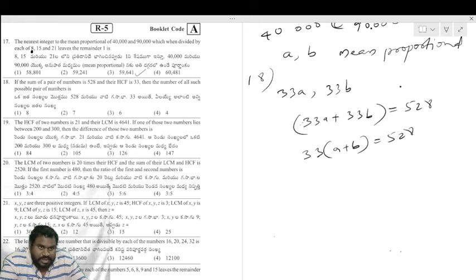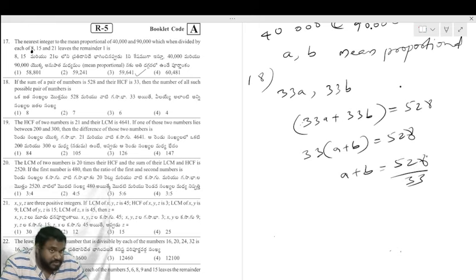So A plus B is equal to 528 by 33. See, for a number to be divisible by 3, how can you verify that? You have to add the digits. 3 plus 3, 6. 6 is divisible by 3, 2 times. So this number will be divisible by 3.